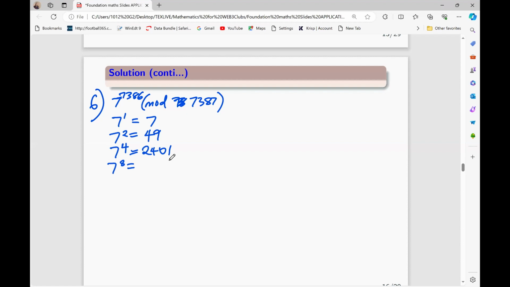The answer that you get now, multiply by the moduli, which is 7387. $29.41.